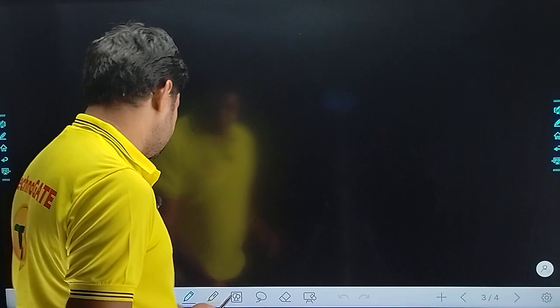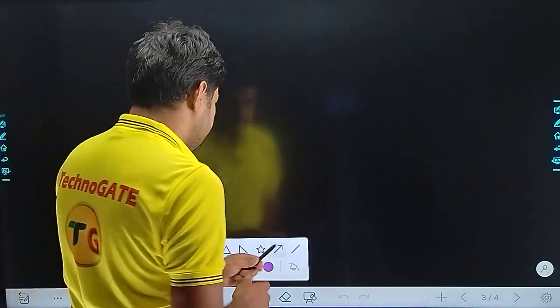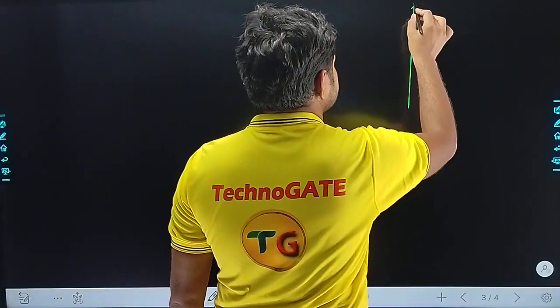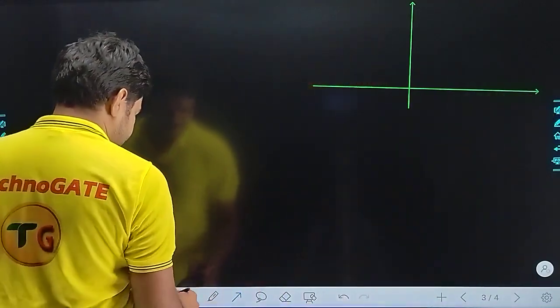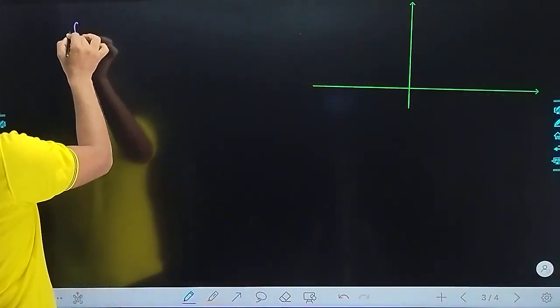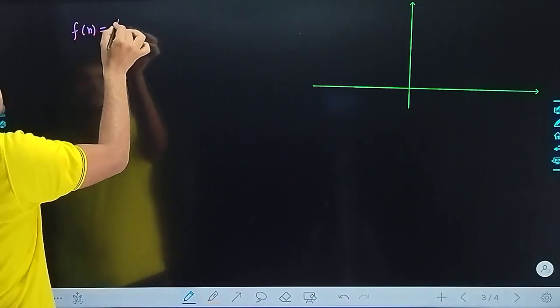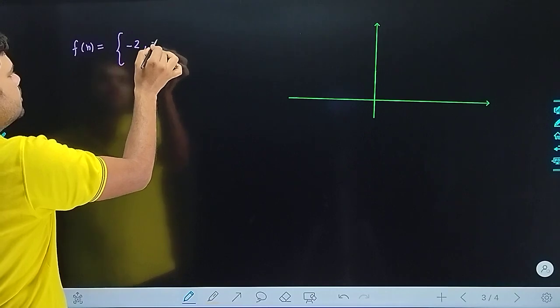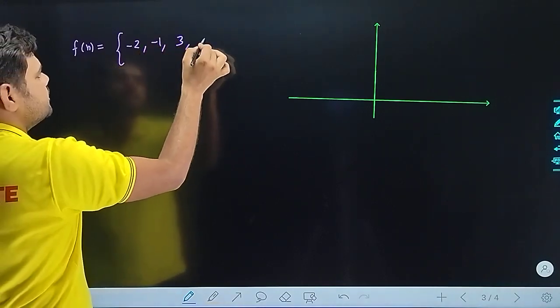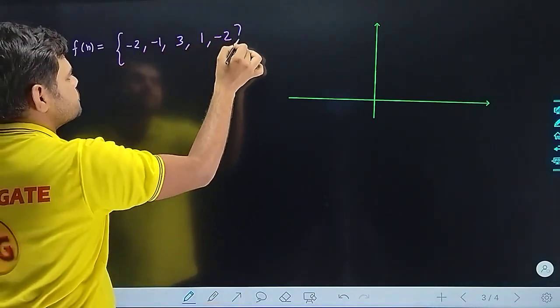Means if I want to represent a signal f of n, let's take an example. Suppose f of n is a signal having the values -2, -1, 3, 1, -2.